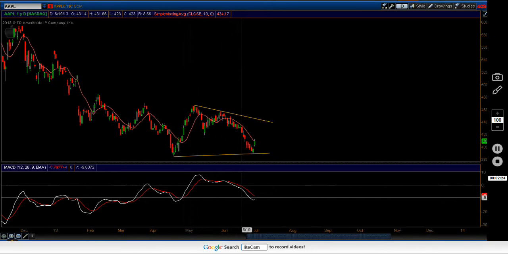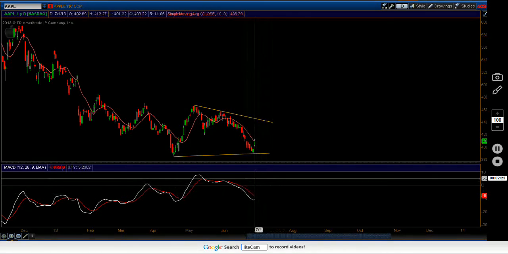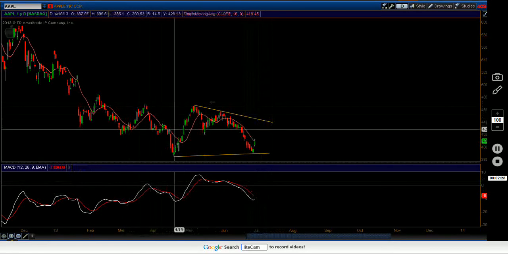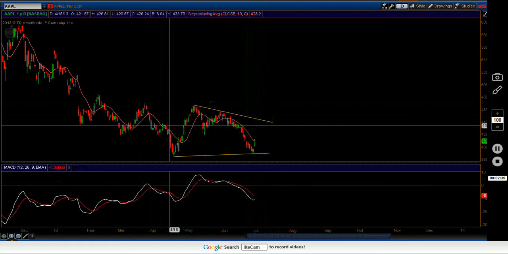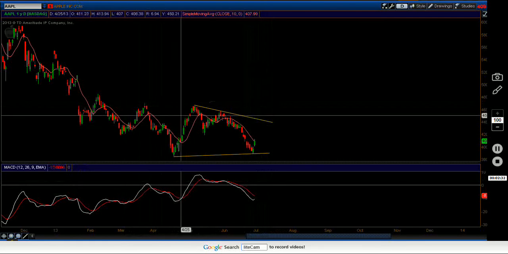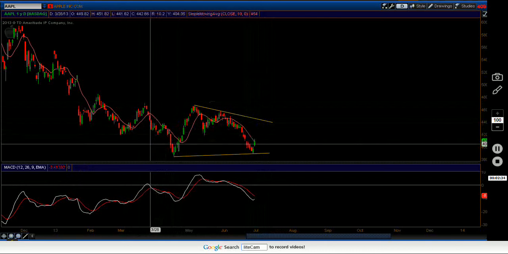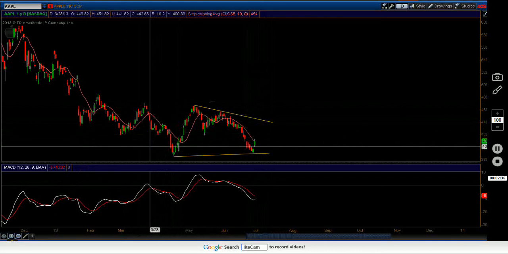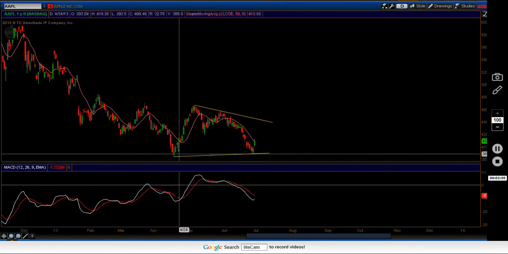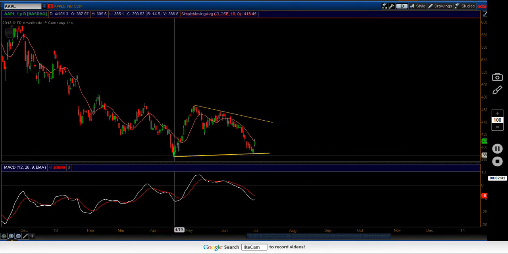Okay. So to kind of start digging into things, I wanted to make note that Apple has been in a longish term downtrend. It hit $700 a share mid to late last year. I think it was somewhere in September, and then it came back all the way down to this 385 mark, which was in the middle of April.